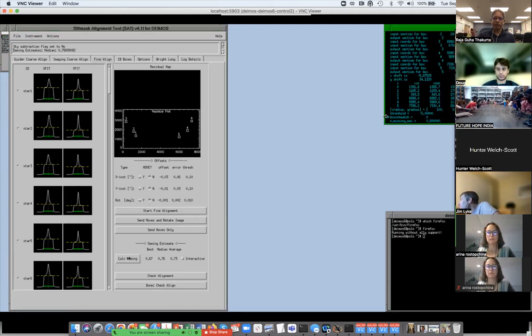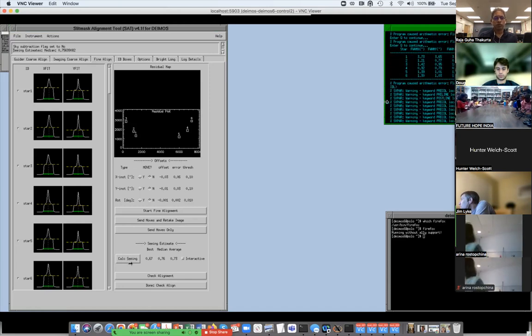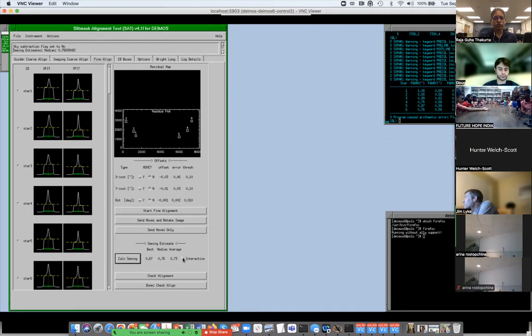So hopefully as the MS gets smaller, we'll reach our 0.5, but this is good. This is still a dramatic improvement compared to where we were. All right, so I'm going to try and figure out how to. Okay, started. No, not yet.